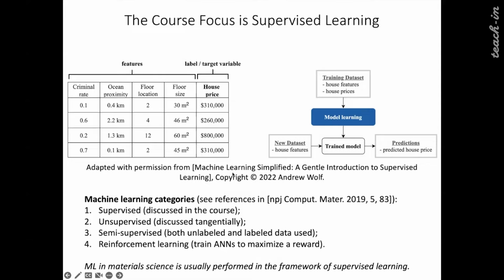So if we have some data set in which we have features of the data, and we have some target variable, we try to make a machine learning model that by using the features predicts the value of the target variable, may it be house price or some material or catalyst or molecular property.